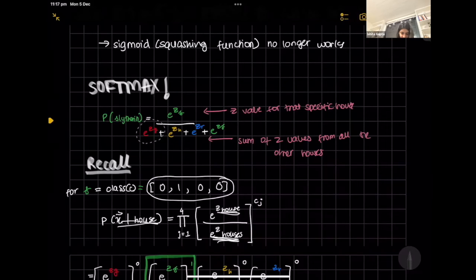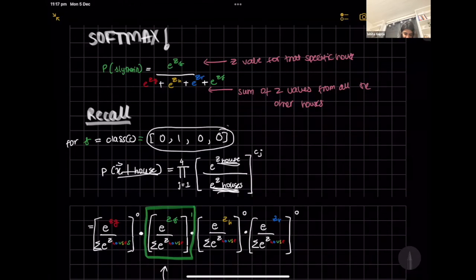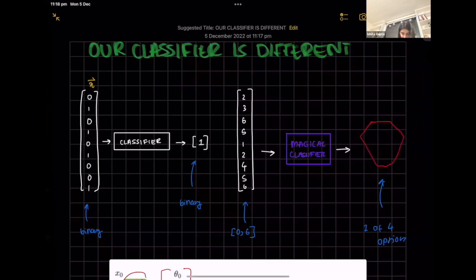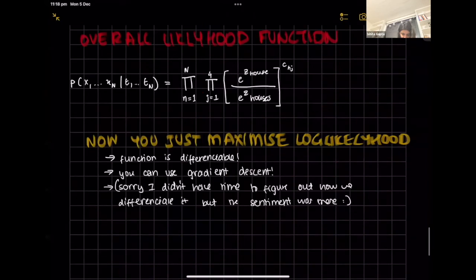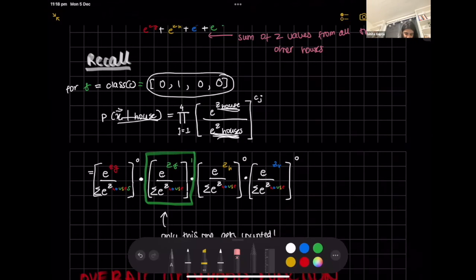That's super cool. How do we represent this in a differentiable form? Recall that earlier we represented our classes in this format, where we had 0s in the class that it wasn't allocated to and 1 in the class that it was allocated to. So what we're essentially doing is we're saying that the probability of your X being the X that it is, given the house, is the multiple of something over all 4 houses.